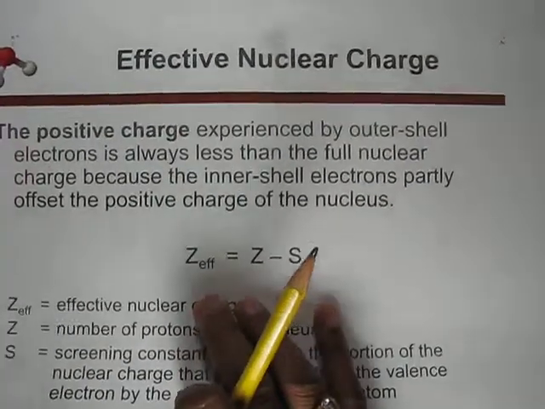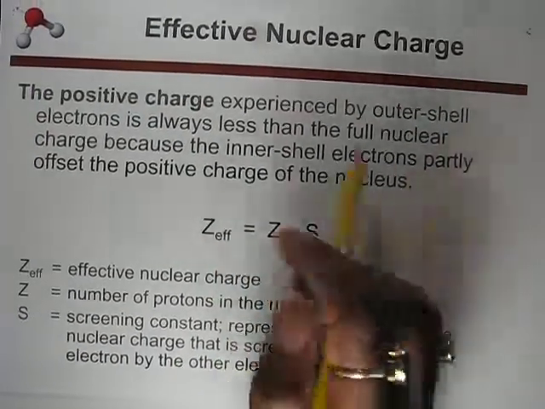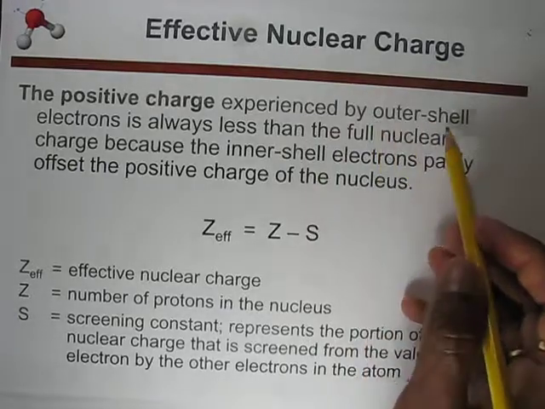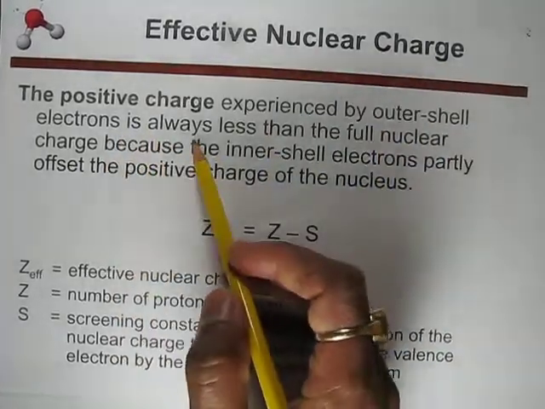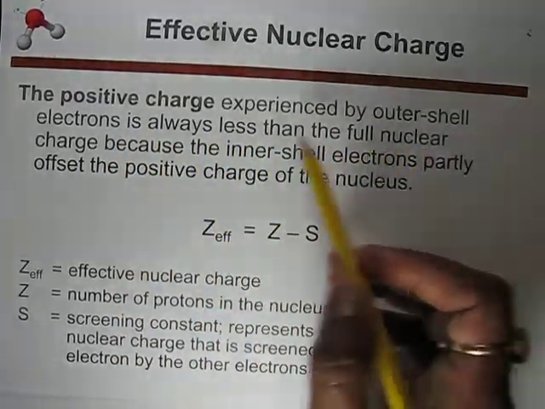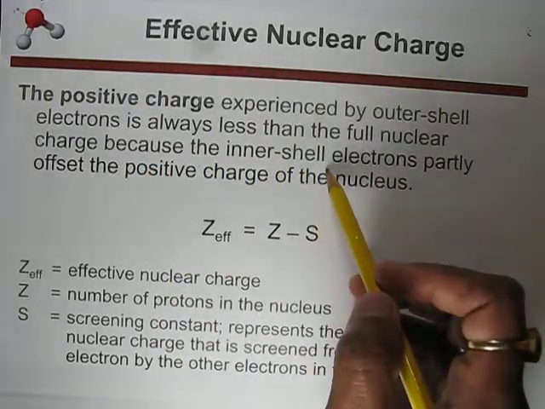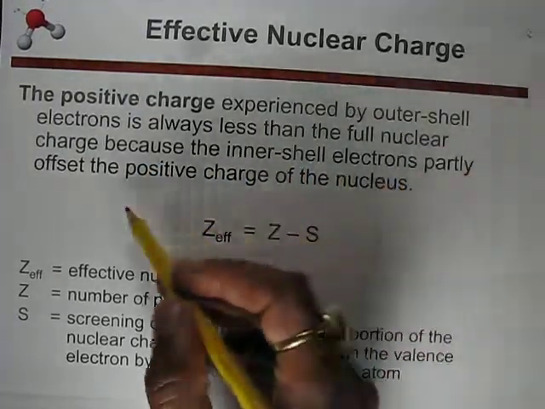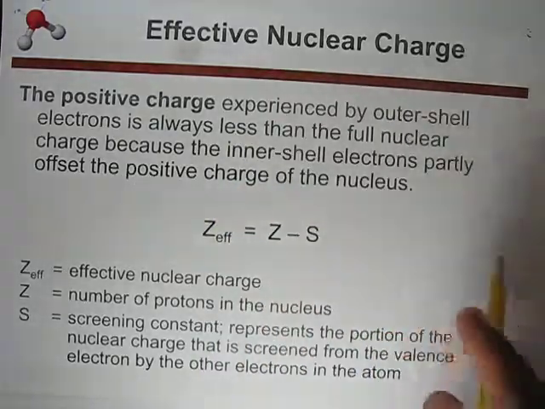So a little bit more about the effective nuclear charge. The positive charge experienced by the outer shell electron is always less than the full nuclear charge experienced by the inner shell electrons, partially offset by the positive charge of the nucleus.